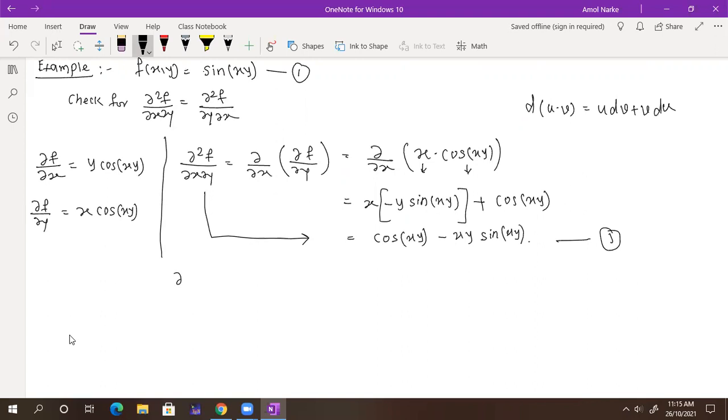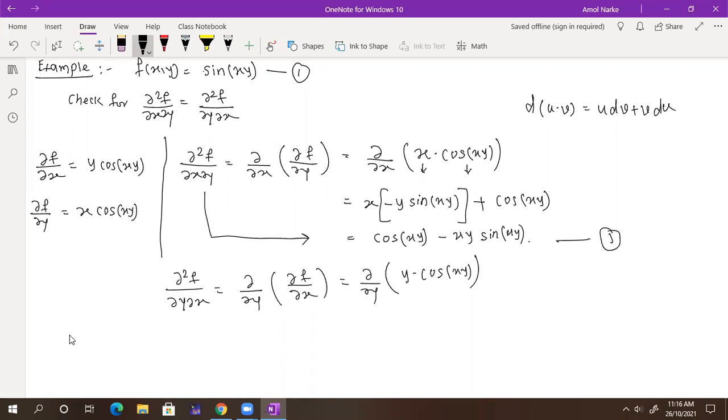Now, what is ∂²f/∂y∂x? So ∂/∂y remains outside, and ∂f/∂x comes inside. What is the value of ∂f/∂x? It is y cos xy.